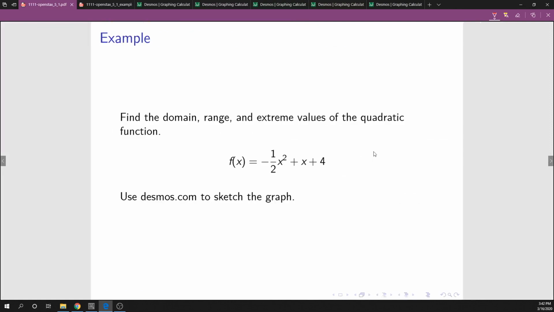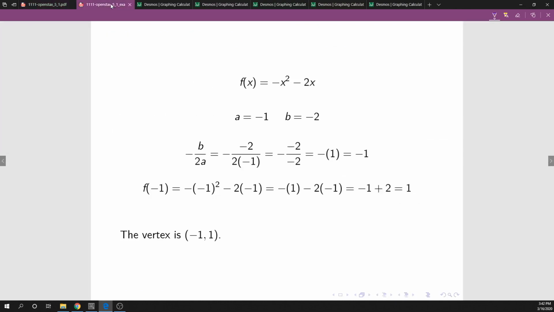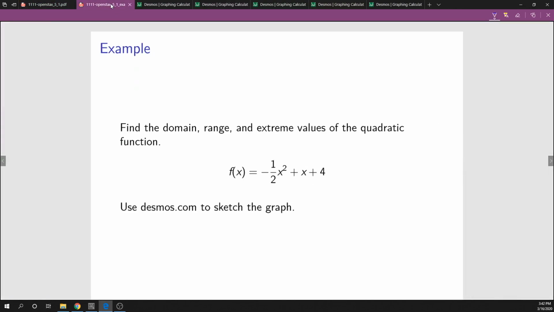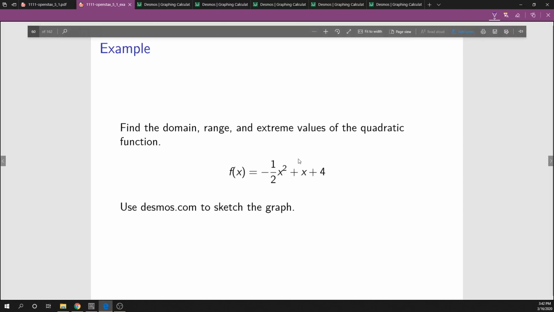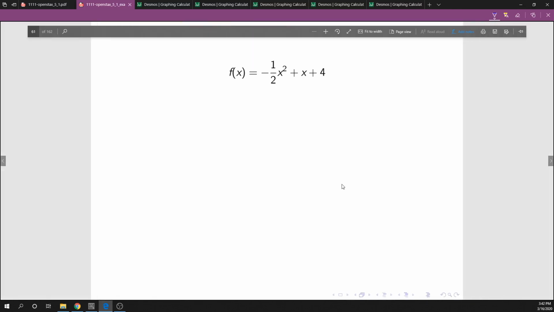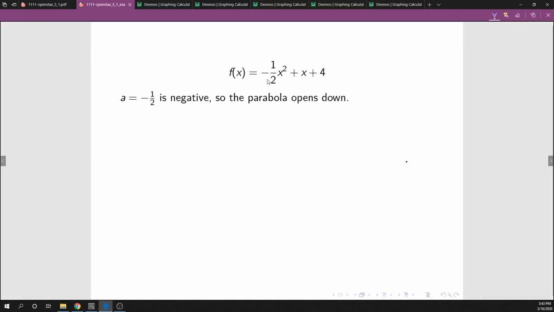Okay, so let's take a look at these examples. Again, I have them worked out here in this slide. It says find the domain, range, and extreme values of the quadratic function. So again, we're going to use these same examples that we used in the previous videos, negative 1/2 x squared plus x plus 4. The facts that we know about it are, number one, that a is negative, so this parabola opens down.